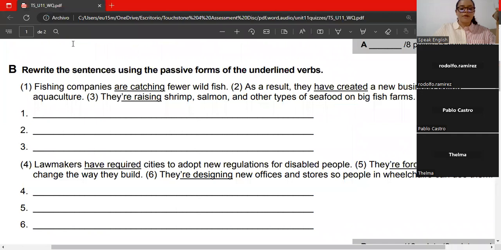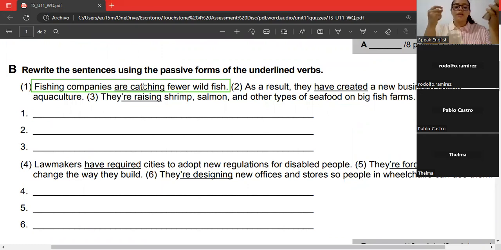Here, can you also see my screen? Yes, I can see. Perfect. This sentence over here, the active voice sentence, is it in the present perfect or in the present continuous? Present continuous. Okay, yes.